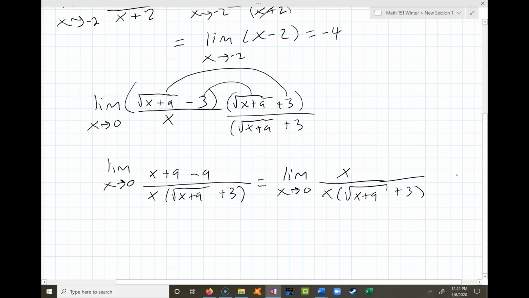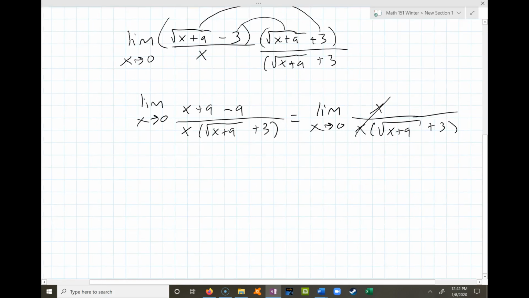Okay, and once again, x is a factor of the top, x is a factor of the bottom, so I can cancel those out, and I'm left with the limit as x approaches 0 of 1 over the square root of x plus 9 plus 3. And now we're going to go ahead and try to use the intuitive approach and say, okay, if x is approaching 0, that means this expression right here is going to get closer and closer to the square root of 9.